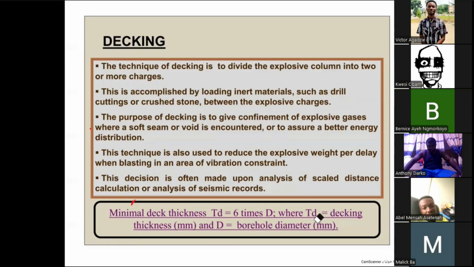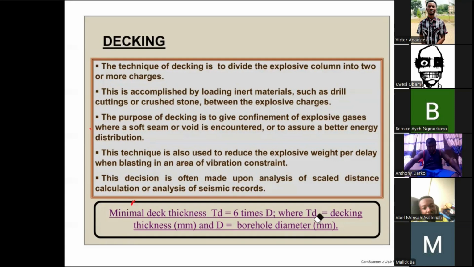Those compressive and tensile waves will result in the breakage of the formation. Then the gas generated from the explosives will fill those breakages, and the rocks will shatter. So that's the whole idea about blasting.